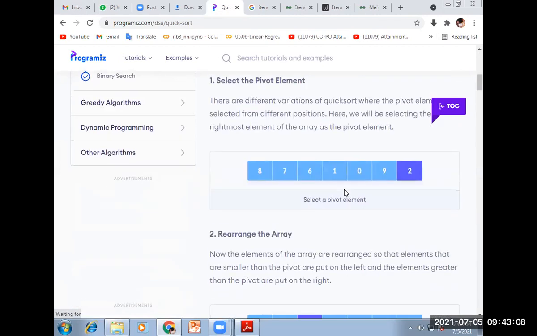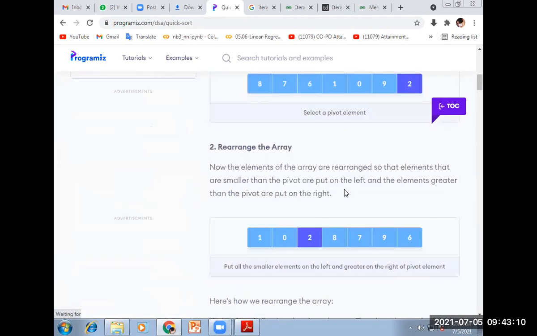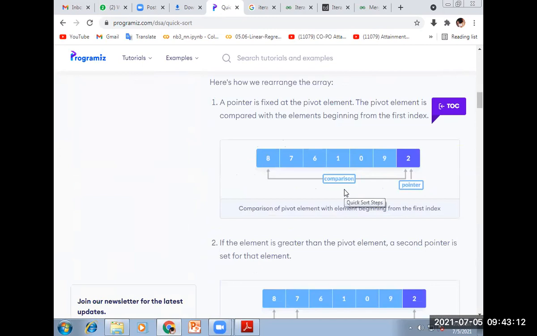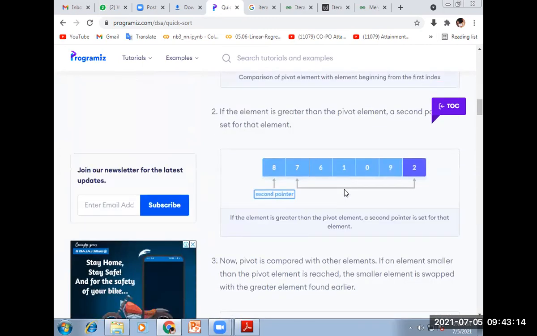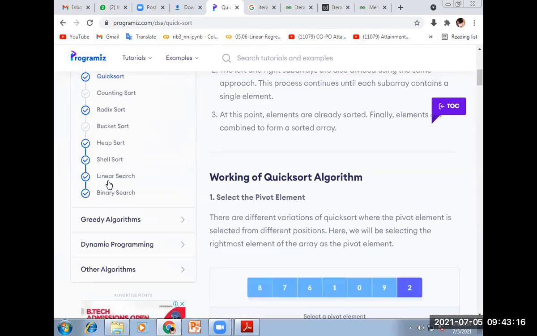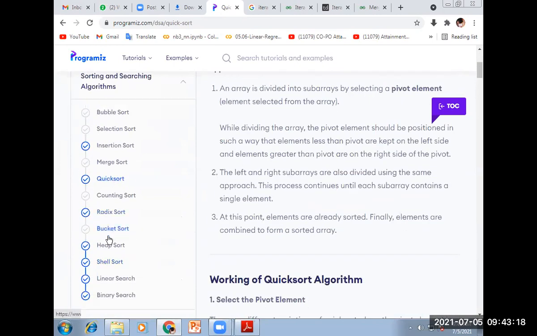Next, see the quicksort algorithm. I already told you. See the bubble sort once again.